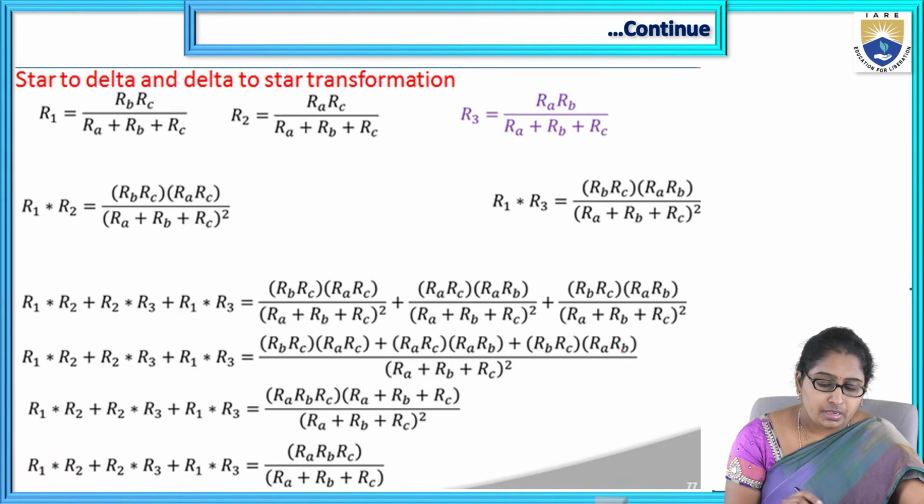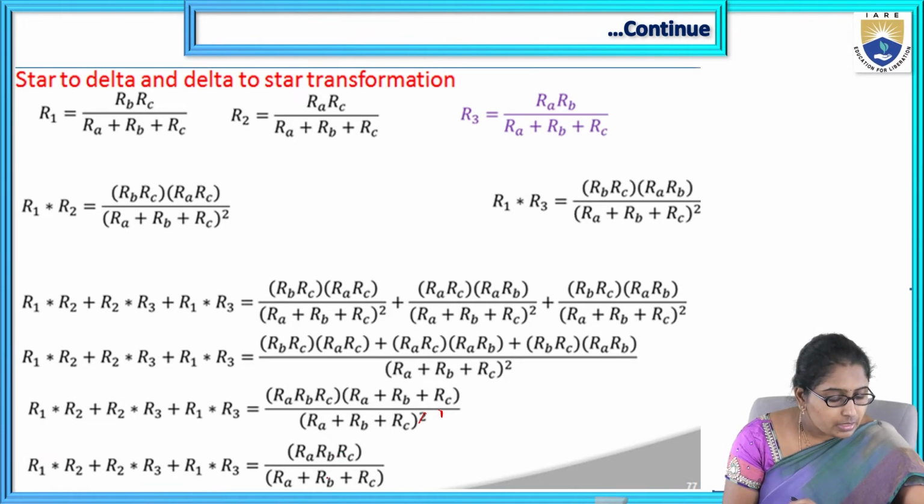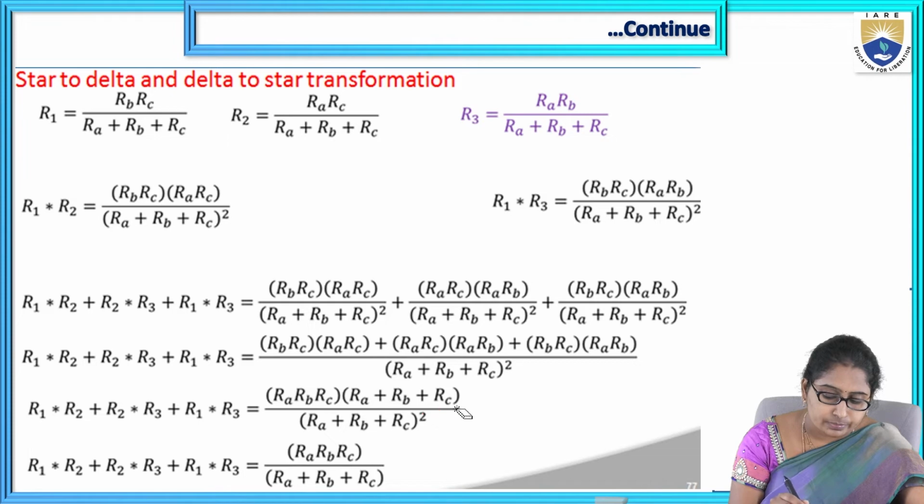Taking RA RB RC common in the numerator, the remaining term is RA plus RB plus RC in brackets. Now cancel this RA plus RB plus RC in the numerator with one factor in the denominator. So finally we have R1 R2 plus R2 R3 plus R1 R3 equal to RA RB RC over RA plus RB plus RC.